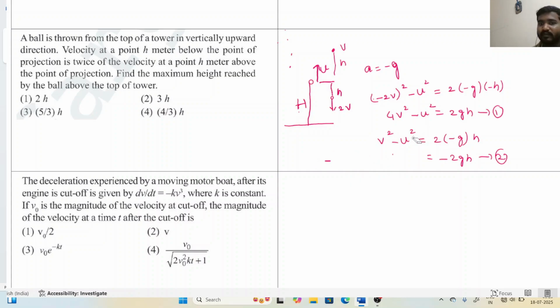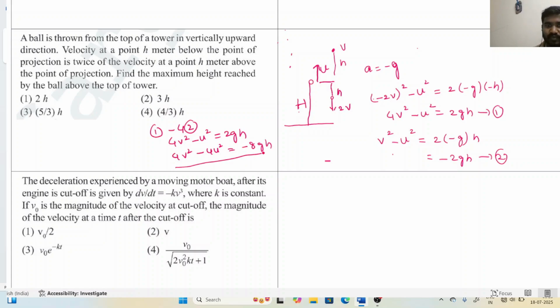Now multiply equation 2 by 4 and subtract it from equation 1. Equation 1 is 4v square minus u square equals 2gh, and 4 times equation 2 is 4v square minus 4u square equals minus 8gh.